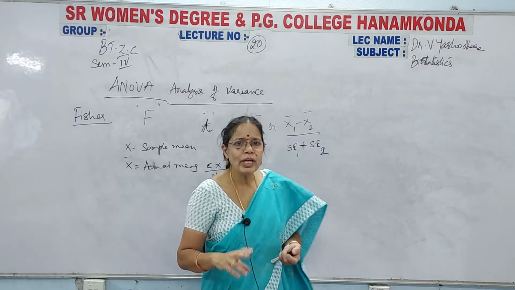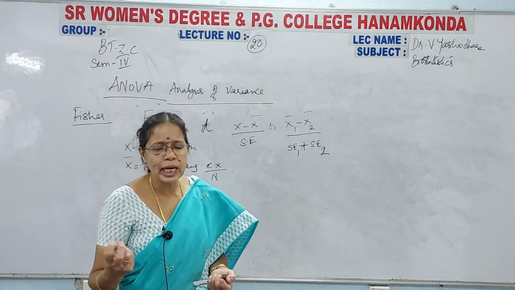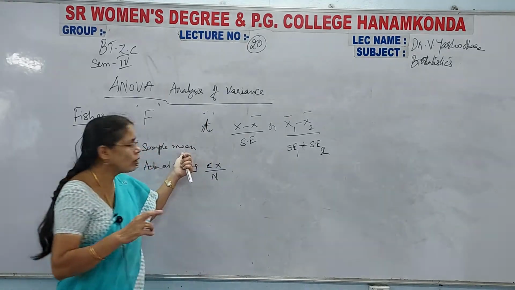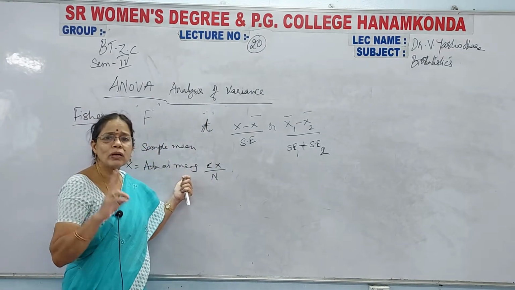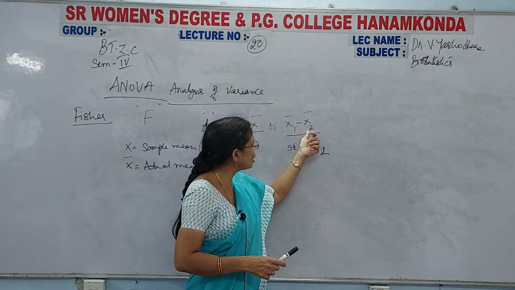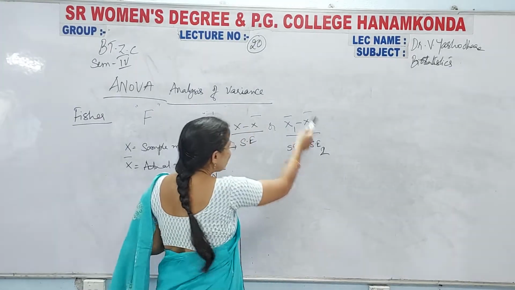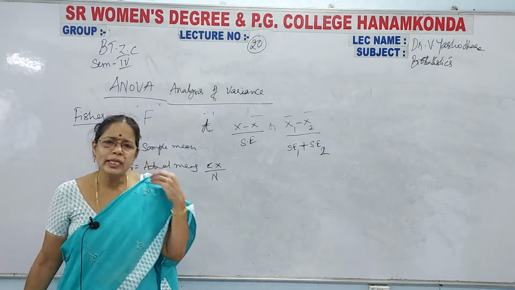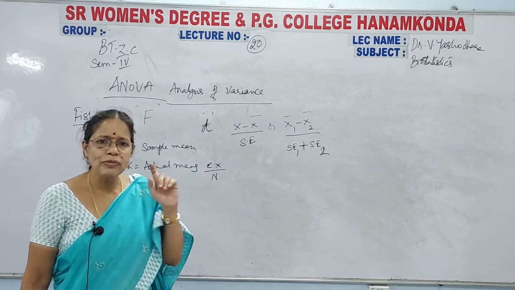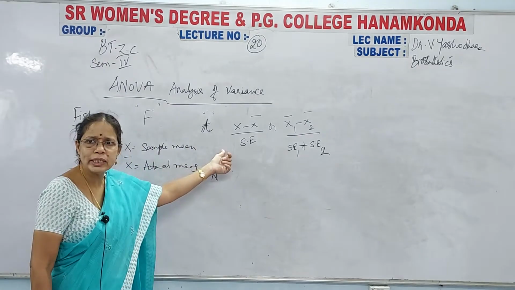So if there are two lists of samples, and your sample means are also two and your actual means are also two, then you have to use this formula: X1 bar minus X2 bar by standard error 1 plus standard error 2. This already we have done, and we have seen an example problem for this student t-test in the previous classes. If you want, go backwards and go through the student t-test video.